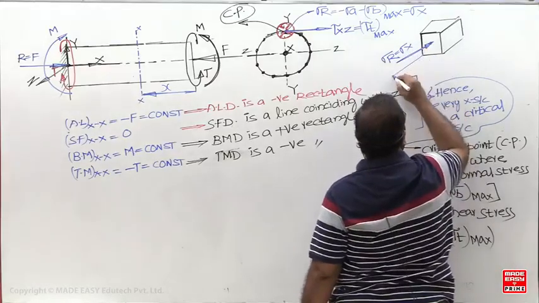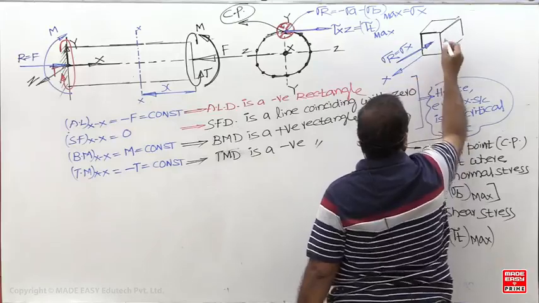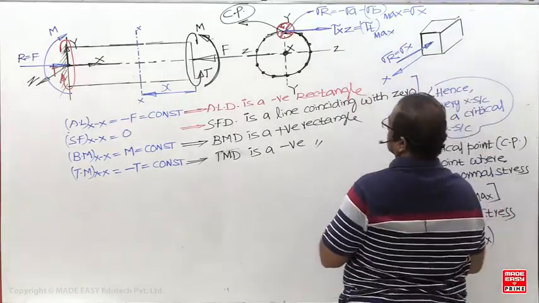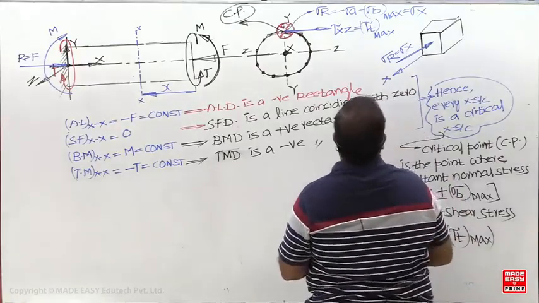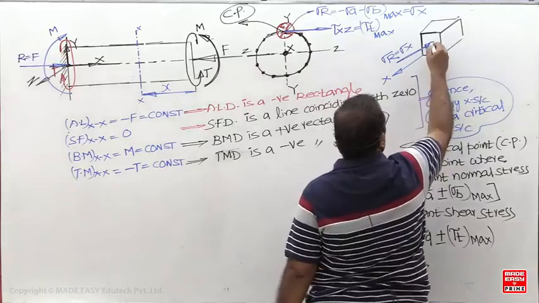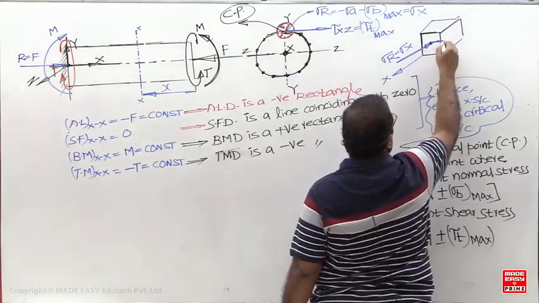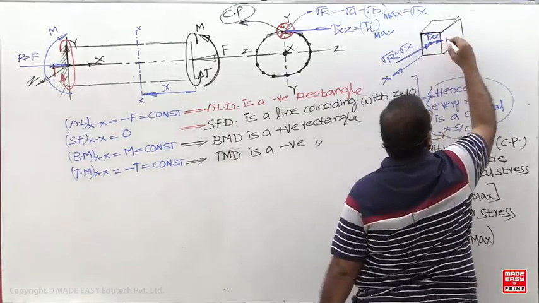This is the cross section. This is tau xz.